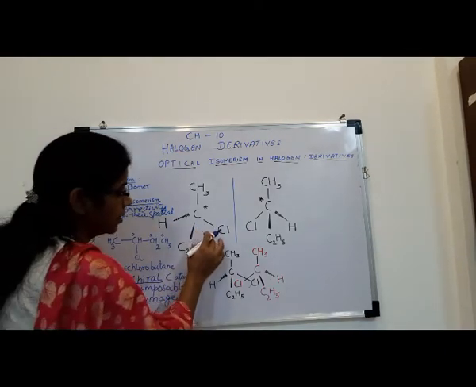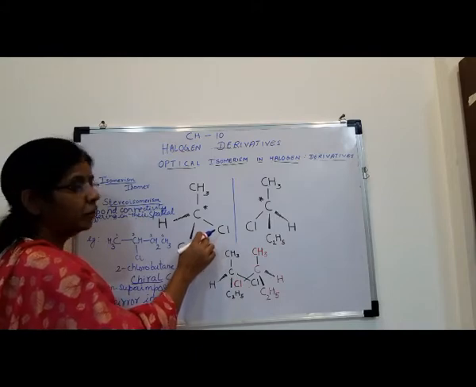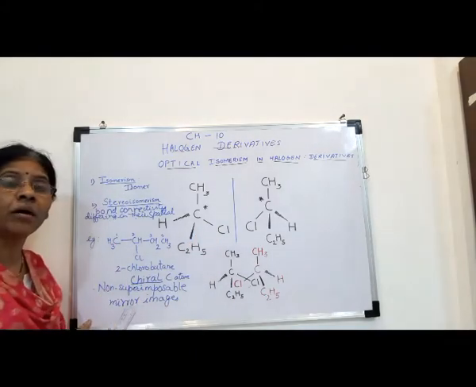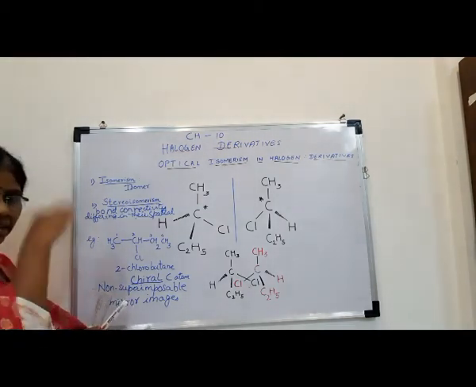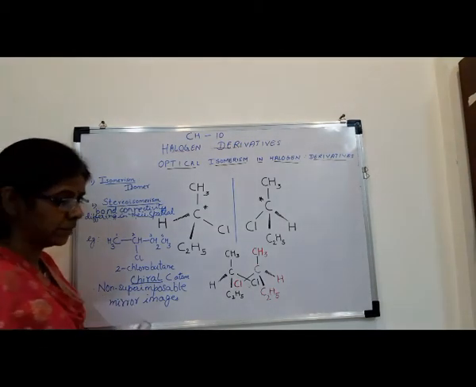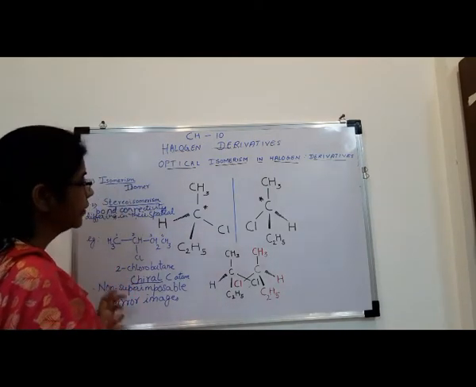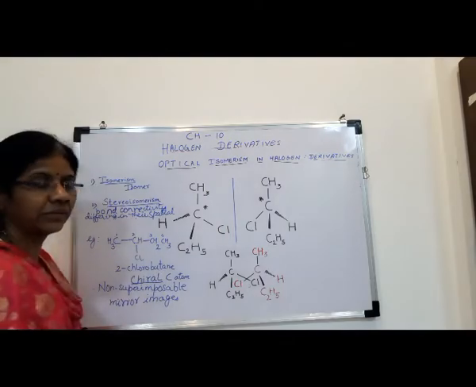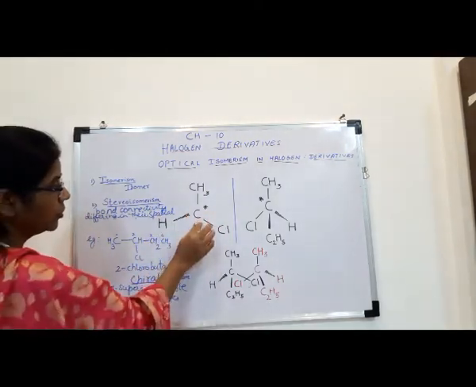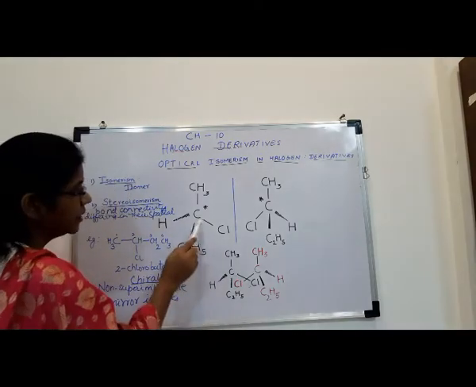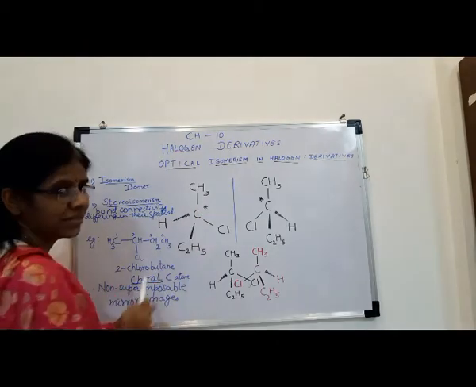This chiral molecule will exhibit the phenomenon of chirality. Now I have drawn the structure on the board. This is 2-chlorobutane. It contains one chiral carbon atom, shown by an asterisk.